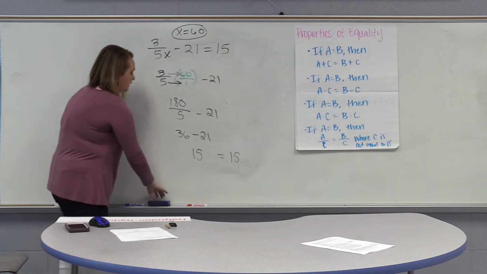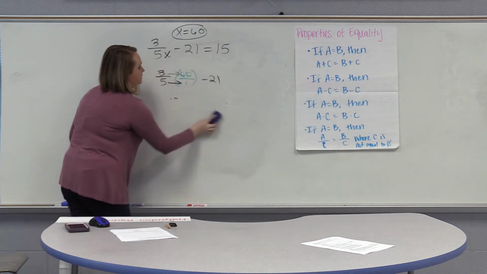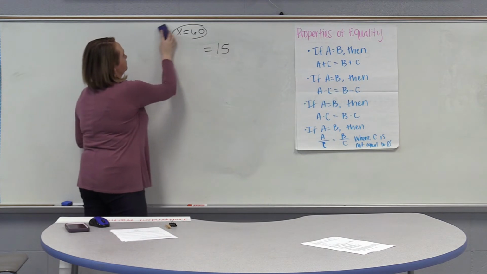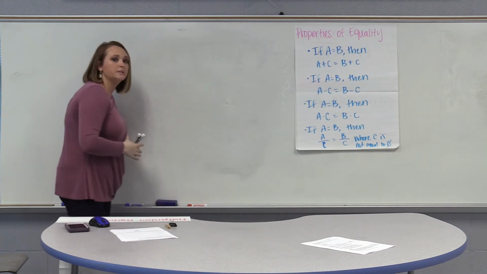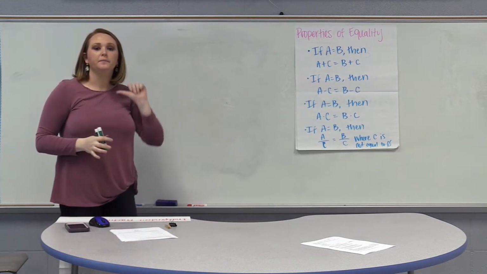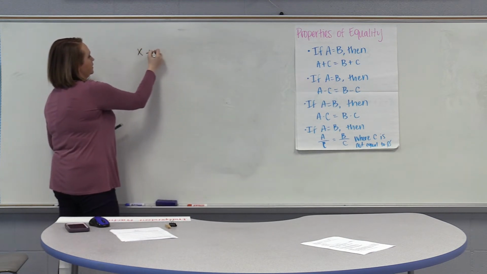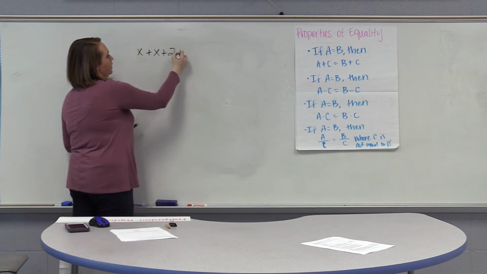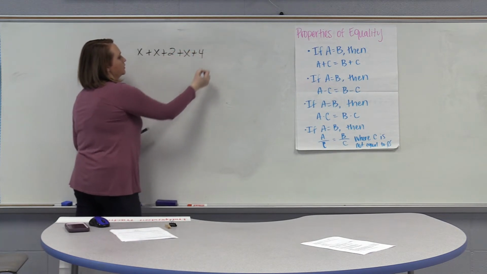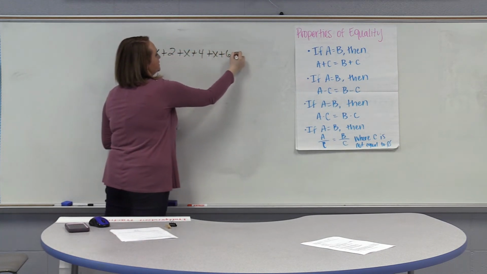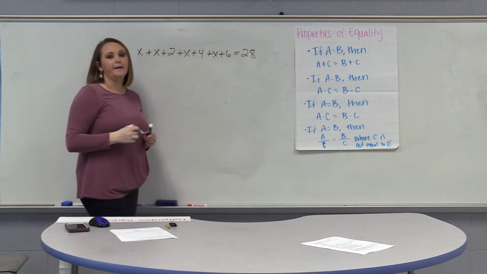All right, let's try some guided practice. Get your pencil and paper ready, and here's question 1 for you. x plus 2 plus x plus 4 plus x plus 6 is equal to 28.